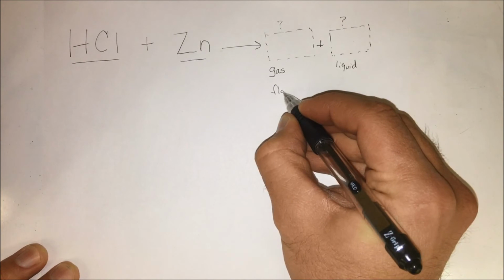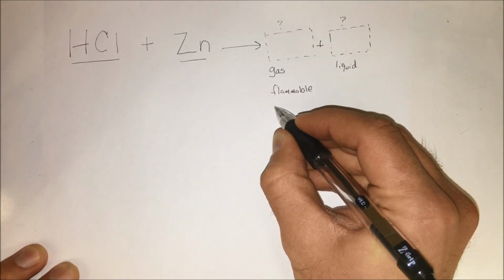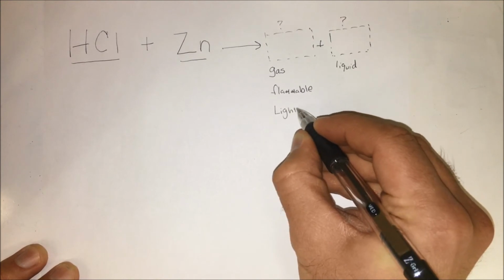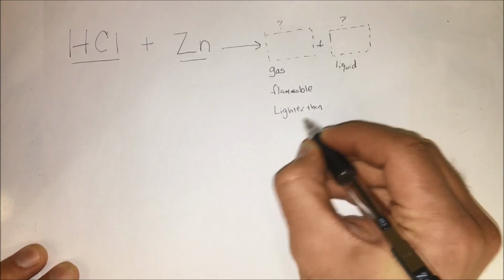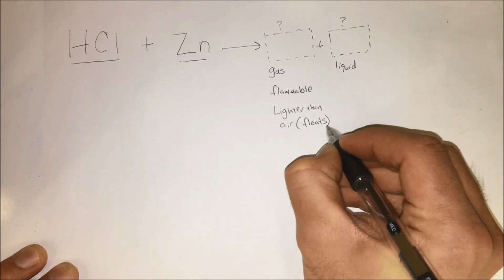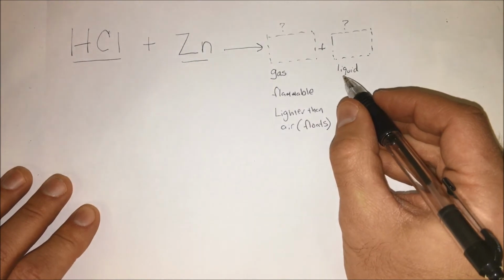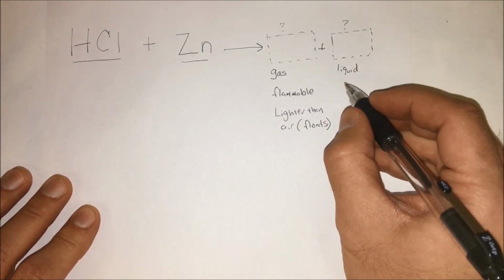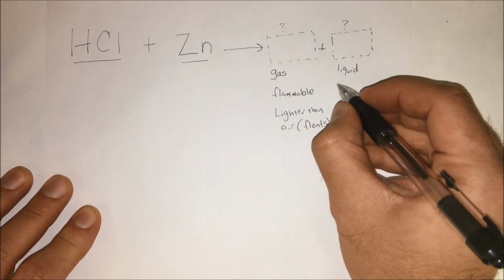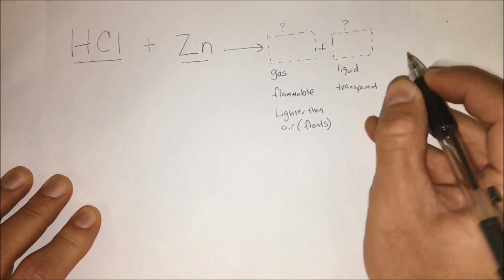One of them is flammable. One of them is lighter than air because it floats. The other is a liquid, and we know it's a liquid because it's left behind in the test tube. It is mostly transparent. Sometimes it has kind of a greenish color, but it's see-through.